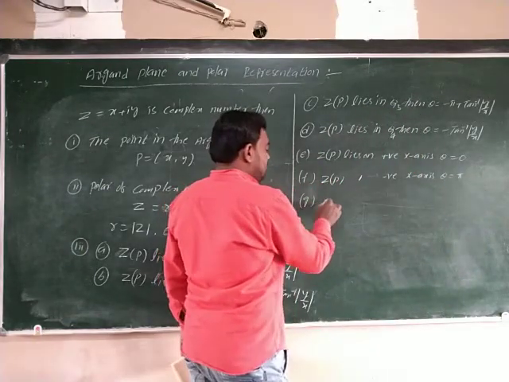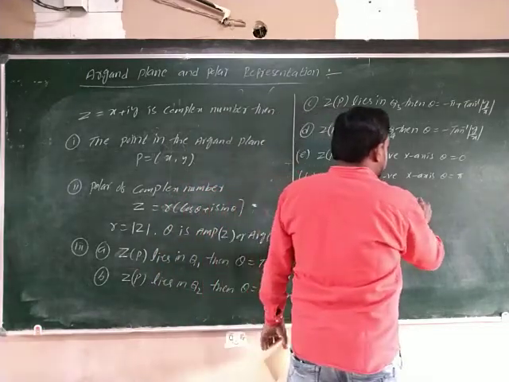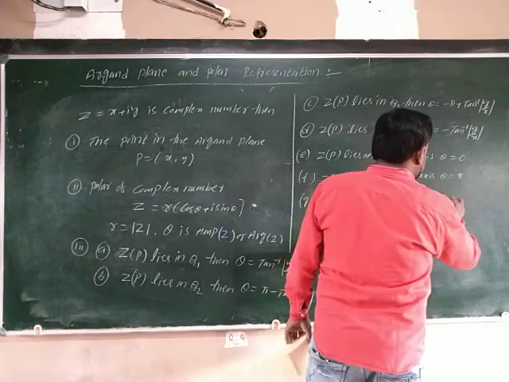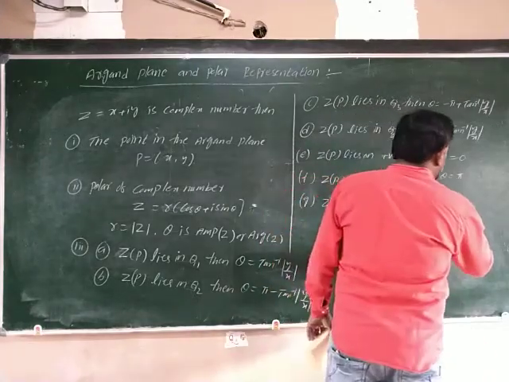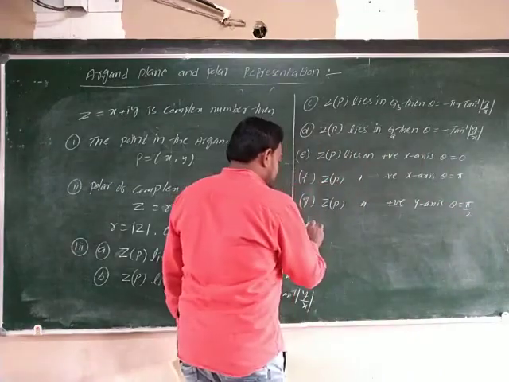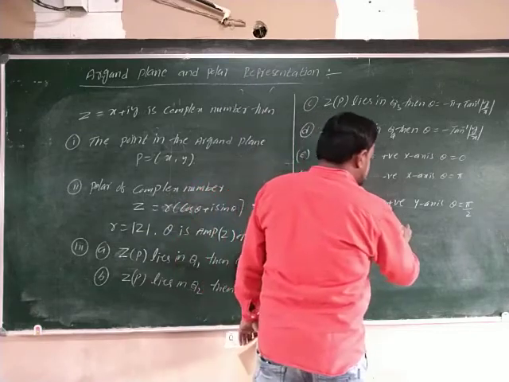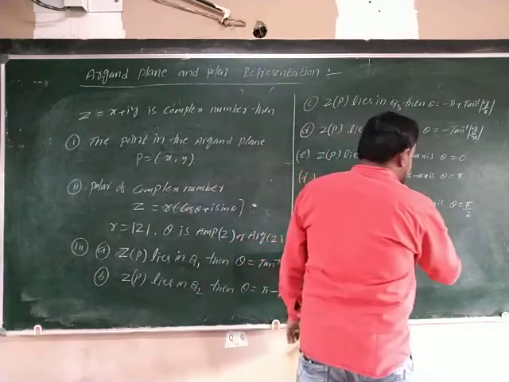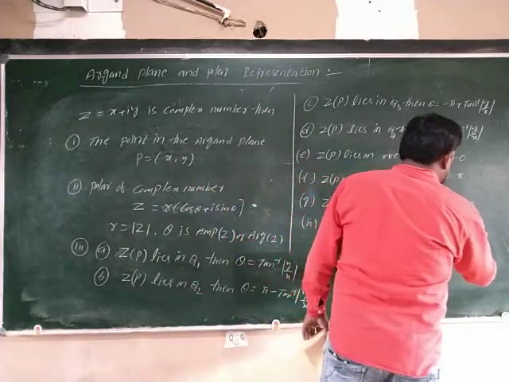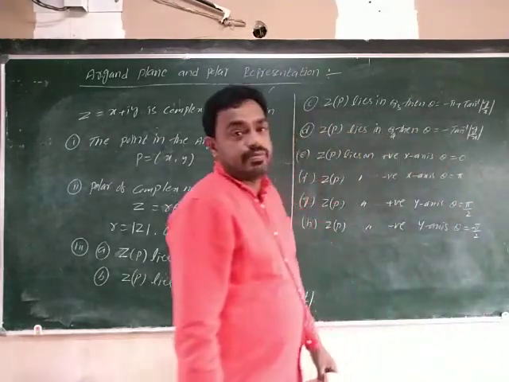Next G: if P lies on the positive y axis, theta = pi by 2. Next H: if P lies on the negative y axis, theta = minus pi by 2.